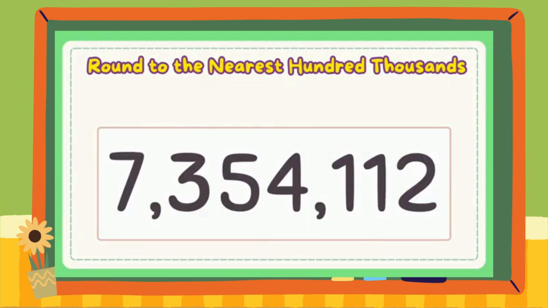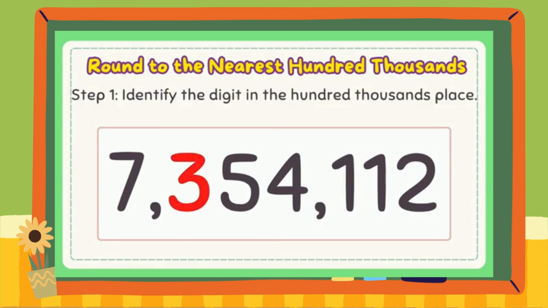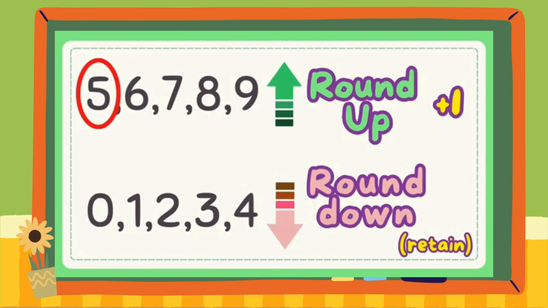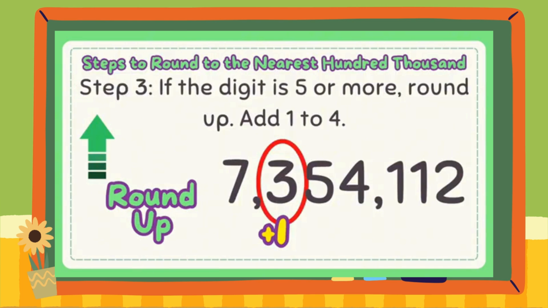How about these numbers? 7,354,112. Let's identify the digit in the 100,000 place. 3. And the digit to the right beside 3 is 5. 5 means round up, or we will add 1 to 3.